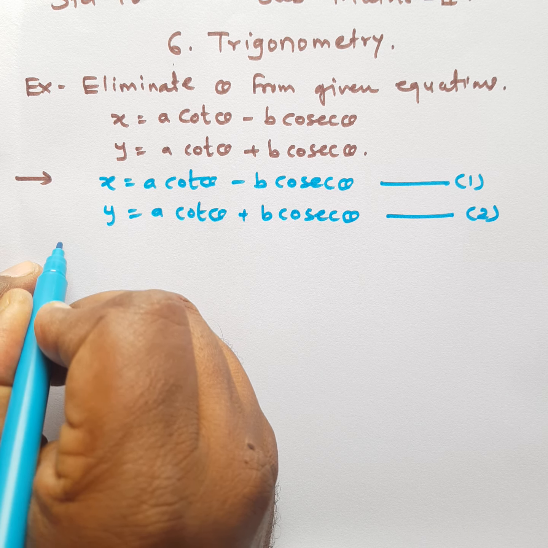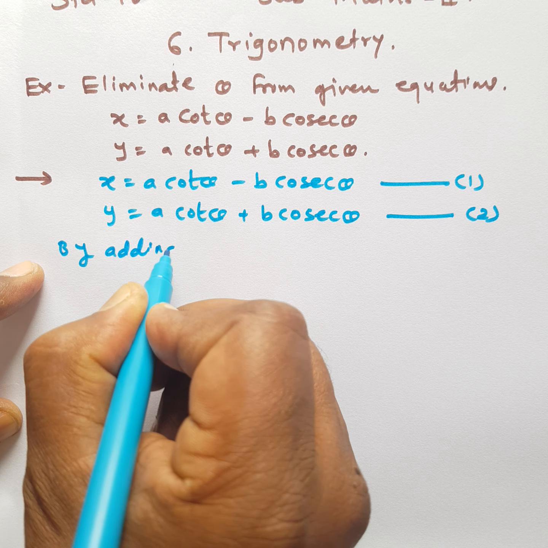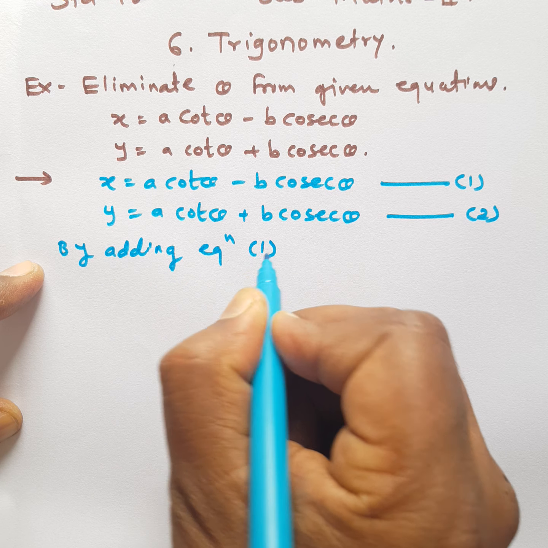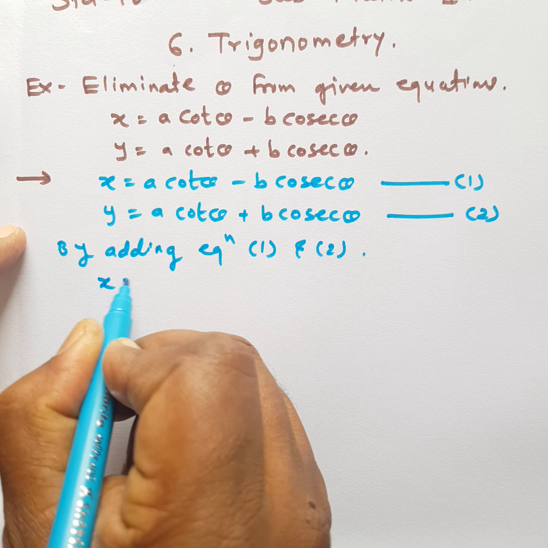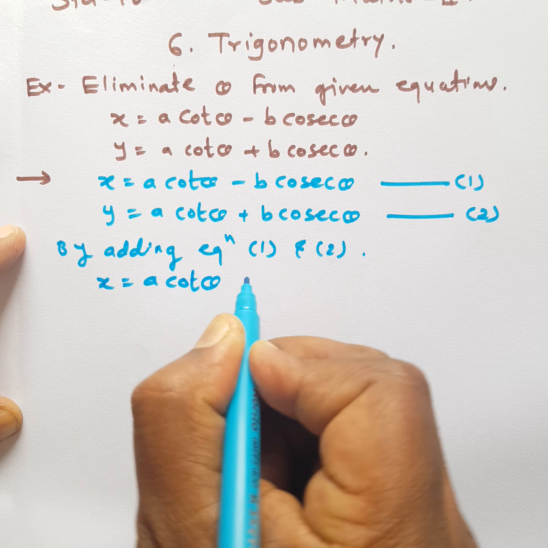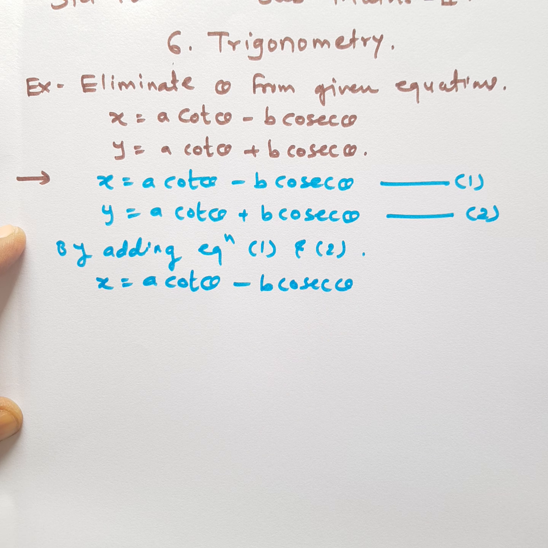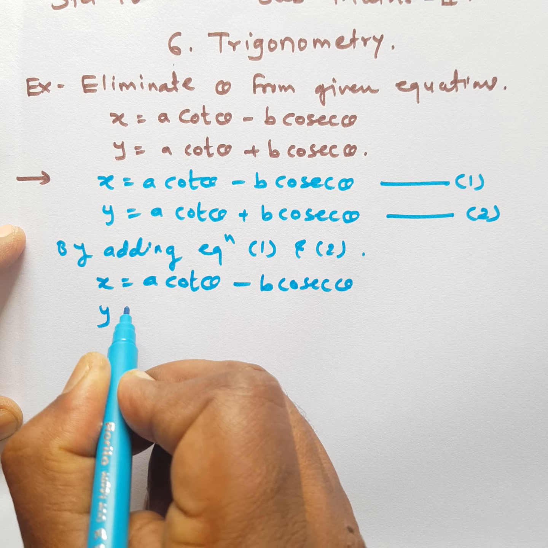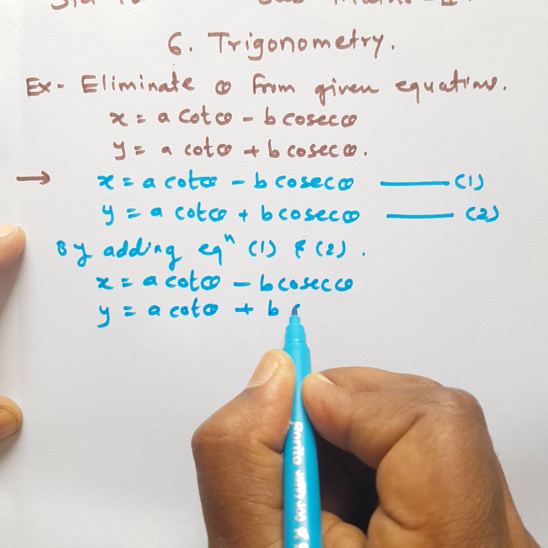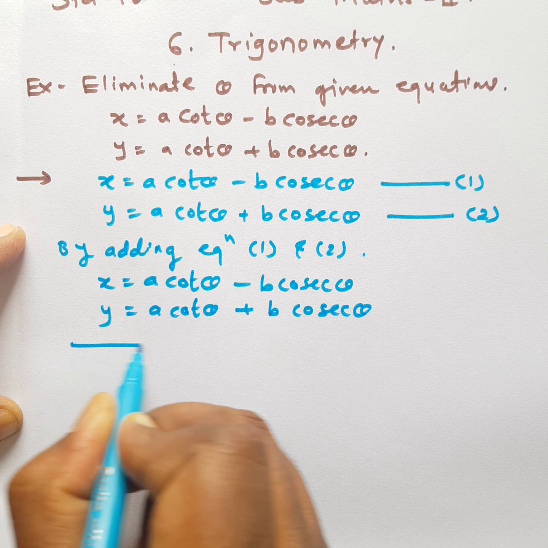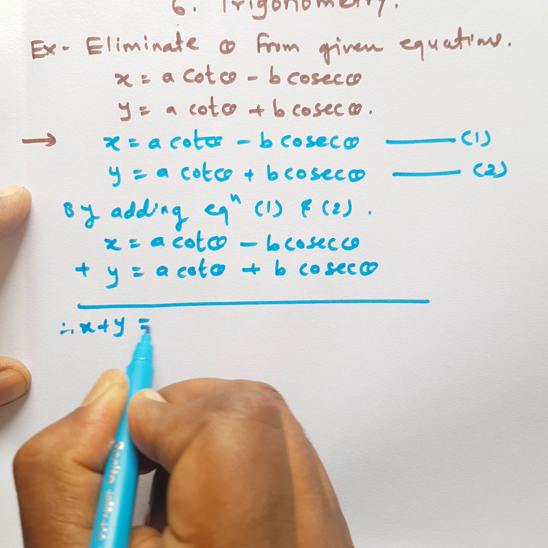Now first we will add equation 1 and 2. If we write these two equations one below the other and add them, the addition of left hand side will be x plus y.